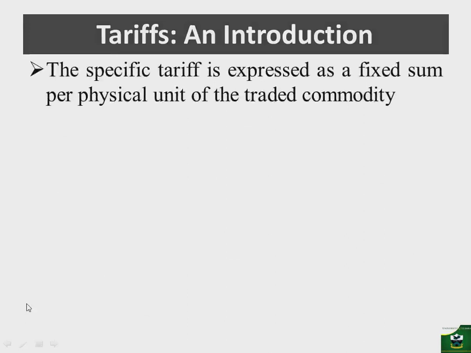Okay, let's now look at the specific tax. The specific tariff is expressed as a fixed sum per physical unit of the traded commodity. This means that for whatever amount of the product you are purchasing, you will pay the fixed amount of the tariff, so the value will not change.